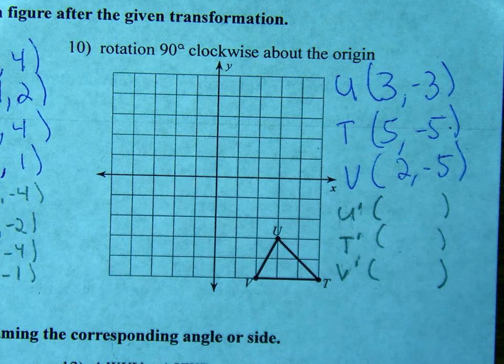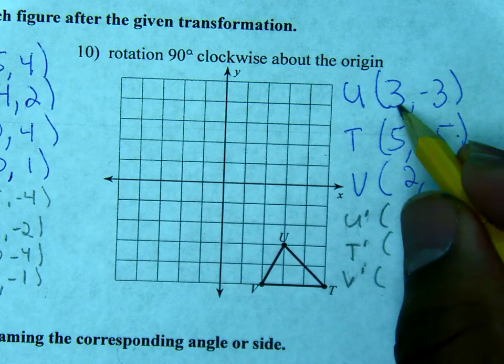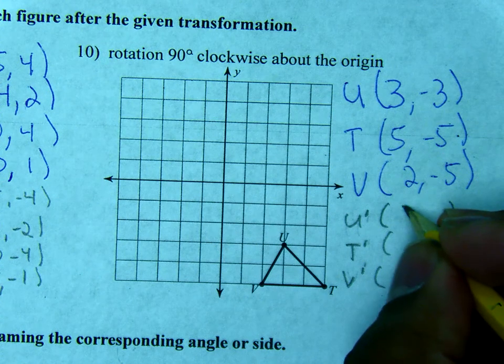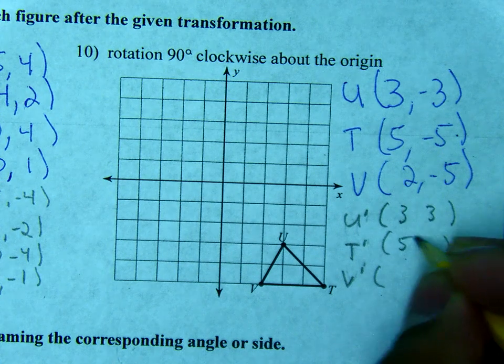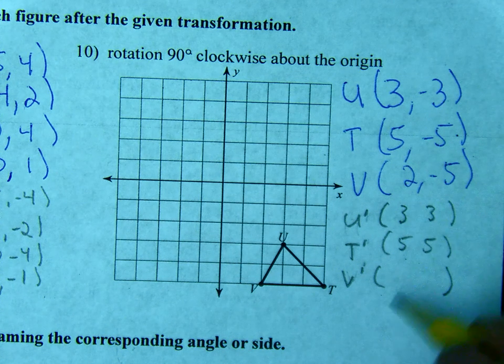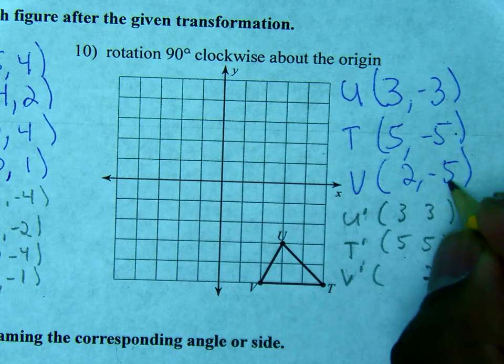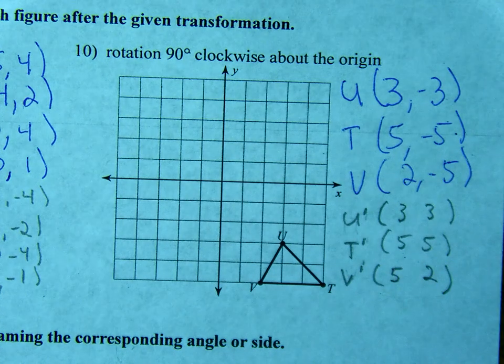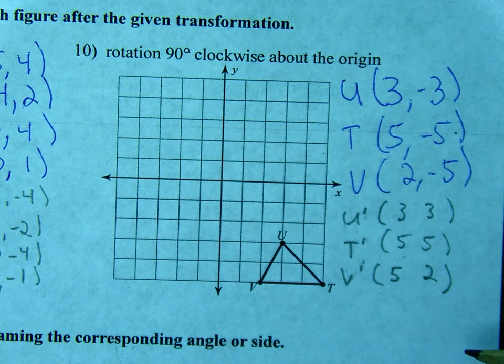So we're just going to switch the numbers. But with 3, 3, and 5, 5, it's pretty simple. That's just going to be 3, 3, and 5, 5. But in V, you can see what I'm talking about. Instead of putting the 2 here, we're going to put it here for Y and put the 5 here. And again, don't worry about the signs yet, okay?